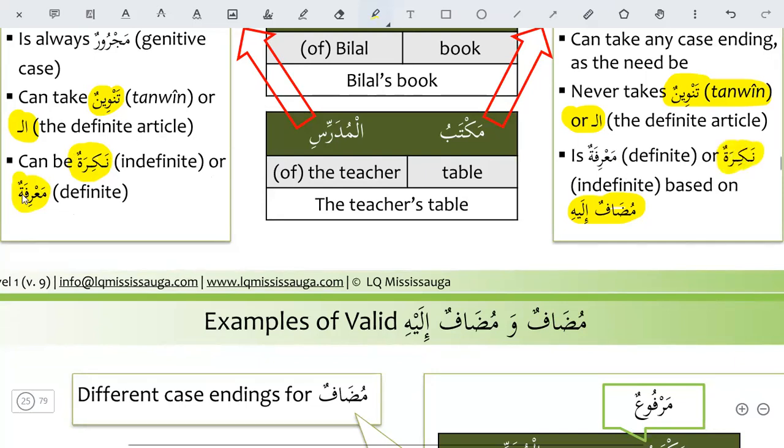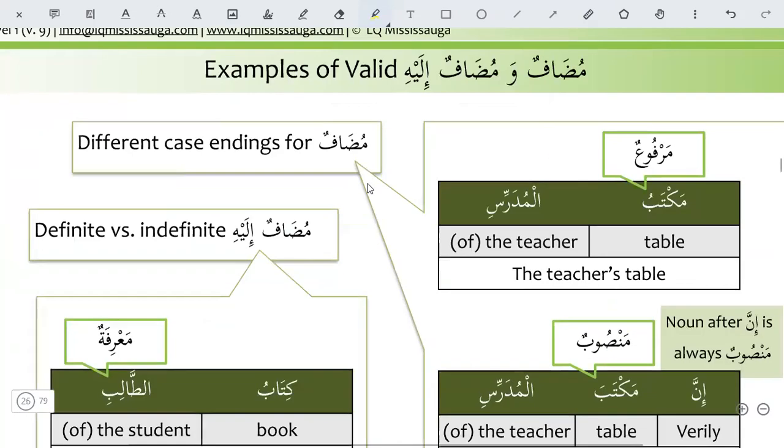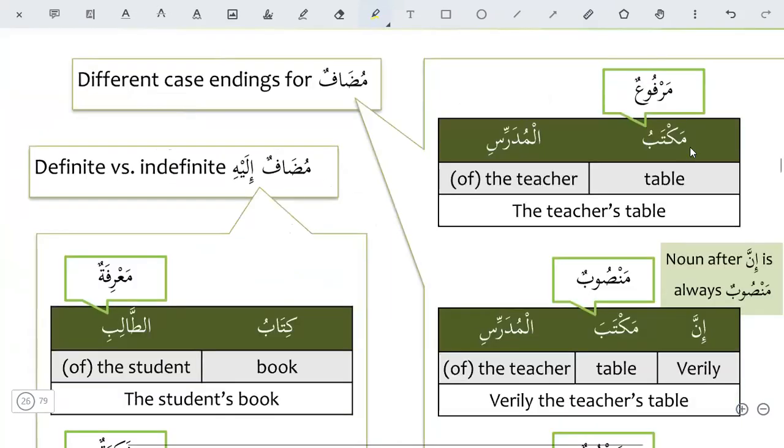And if the mudaf ilay is marifa, definite, then mudaf is also definite. This is a marfu case of mudaf. Maktabul mudarrisi. Here maktab is mudaf and it is taking dhamma, so it is marfu, nominative case. Maktabul mudarrisi, the teacher's table.